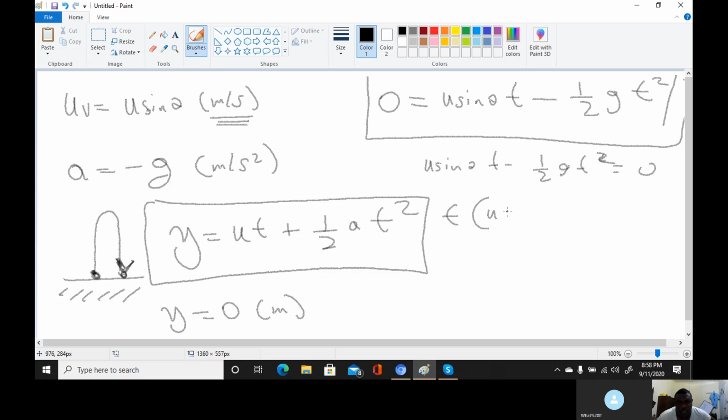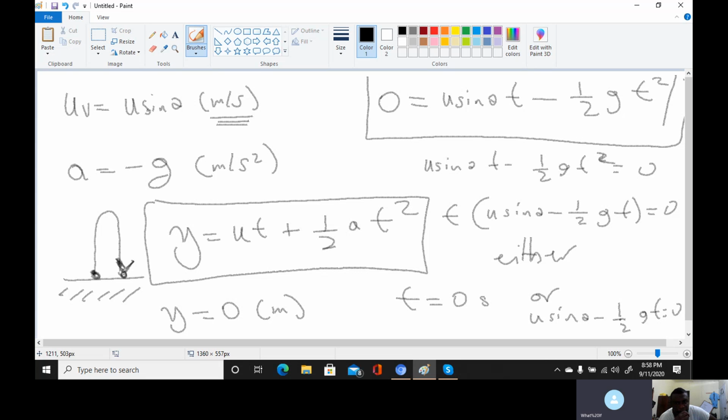Inside the bracket, you're gonna have u sine theta minus a half gt equals 0. So from quadratics, either t is gonna be 0 seconds or u sine theta minus a half gt is equal to 0. Now we're going to make t the subject of this formula and find the flight time. We need to find an expression for time. Tell me when you're ready and I'll move again.